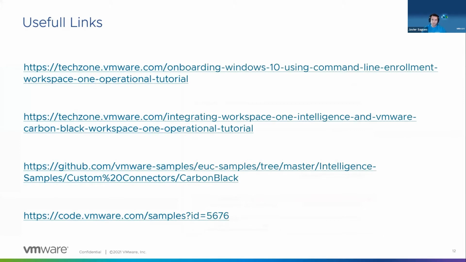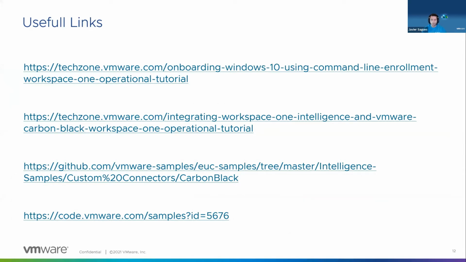In order to do this, I used all these links that you can see here. Basically, the Windows 10 command line enrollment Workspace One tutorial from our Tech Zone, and the Carbon Black Workspace One tutorial, also in our Tech Zone.